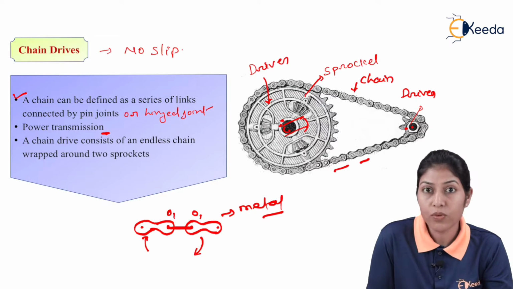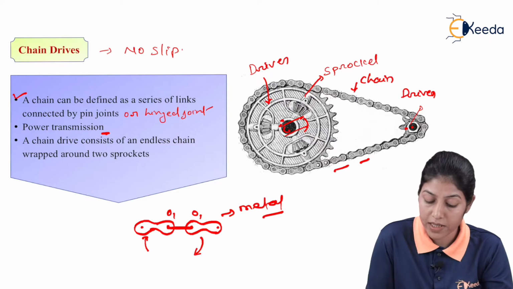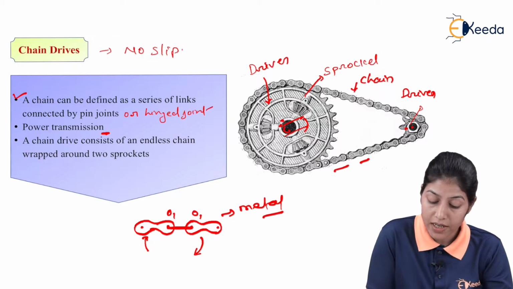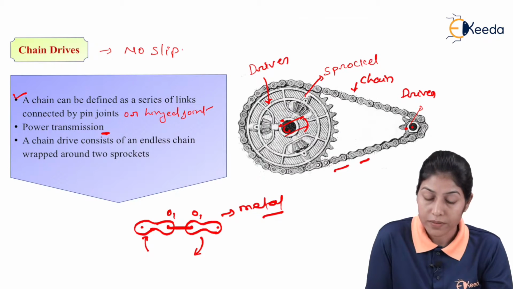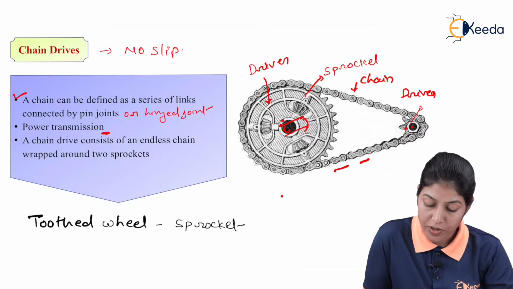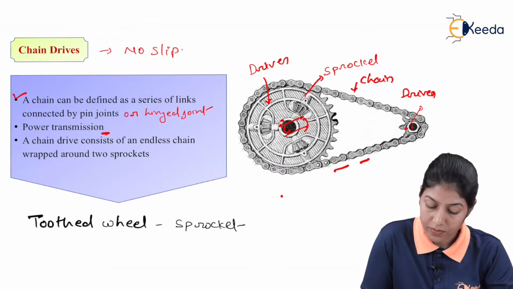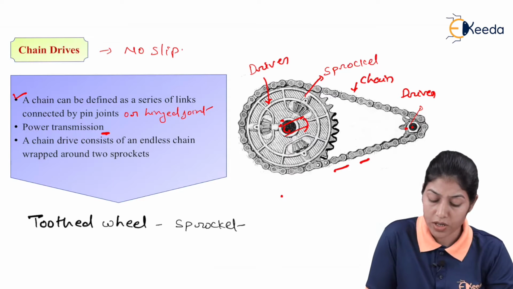A sprocket is a toothed wheel, or we can say it is a kind of spur gear, and this chain is wrapped around this toothed wheel. You can see the teeth on the wheel; it is called a sprocket or spur gear.